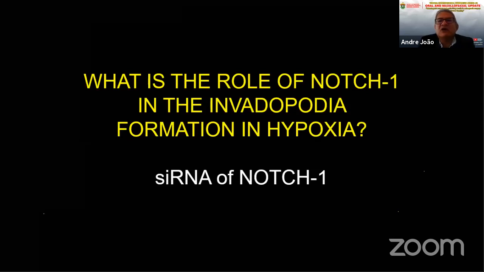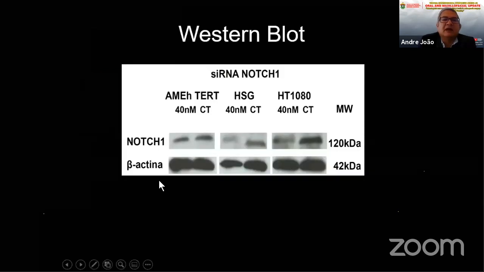Another question: what's the role of NOTCH1 in invadopodia formation in hypoxia? For this, we knocked out the gene of NOTCH1. Look at the first picture. We confirmed the partial knockout of NOTCH1 in the cell line from ameloblastoma.